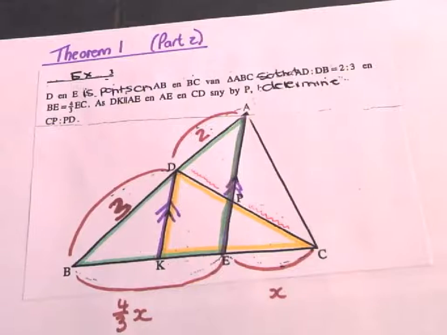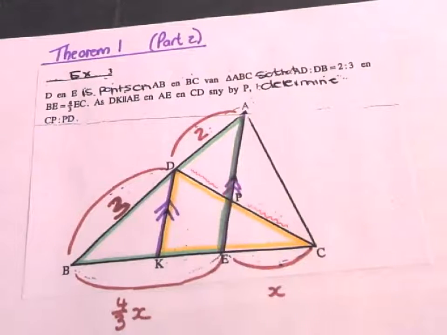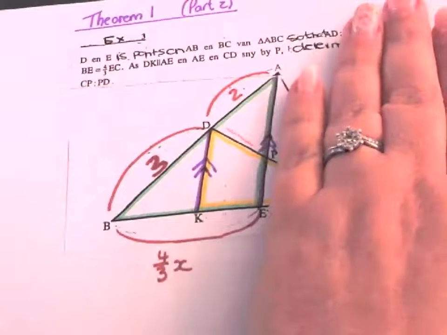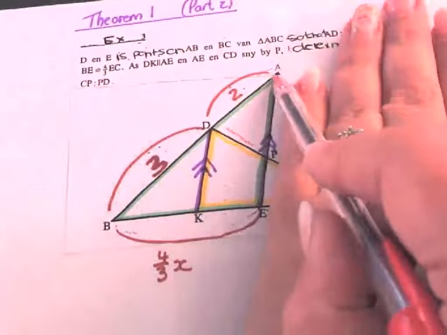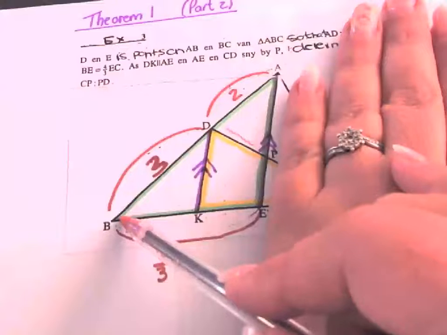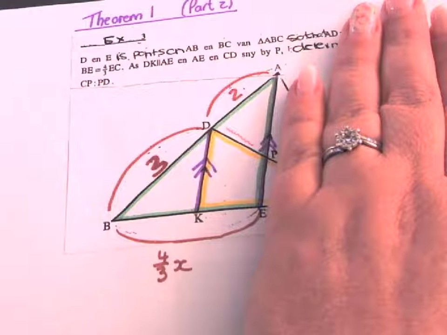Now we can start. We want these two in proportion. If you look at the green triangle, we know that the proportions are 2 and 3. So what will the proportions in the green triangle be on this side? I'm going to ask again.